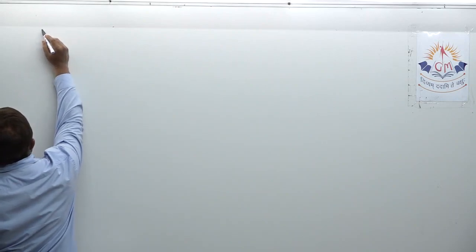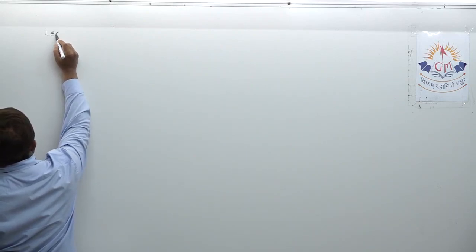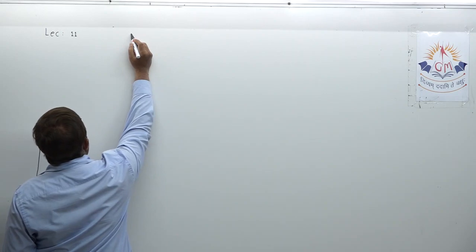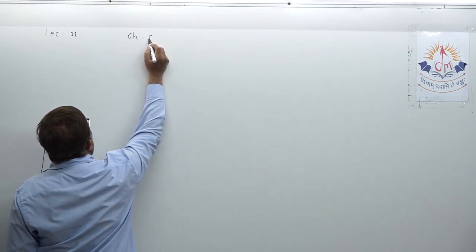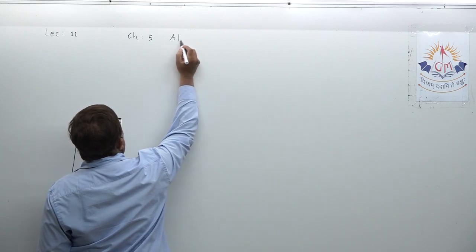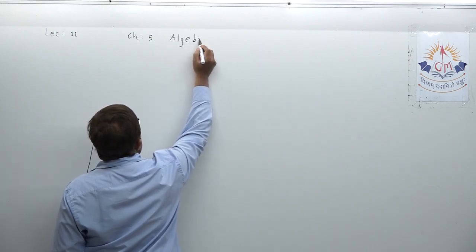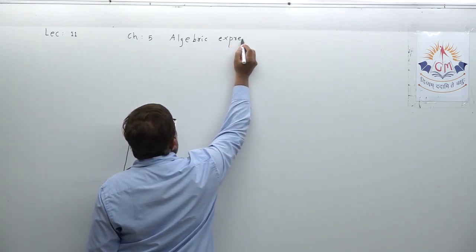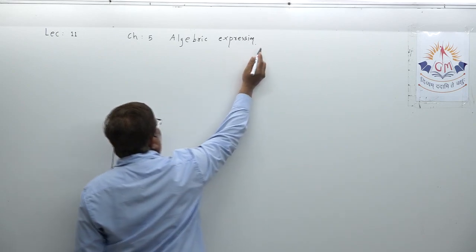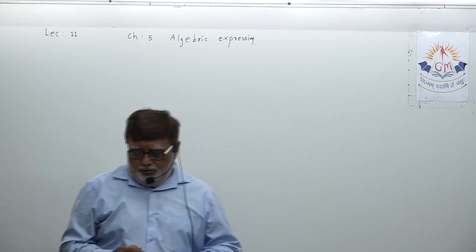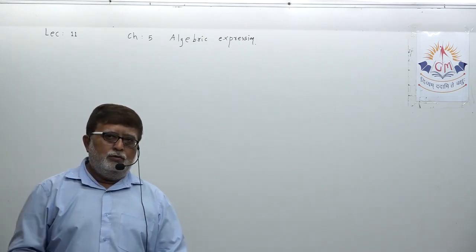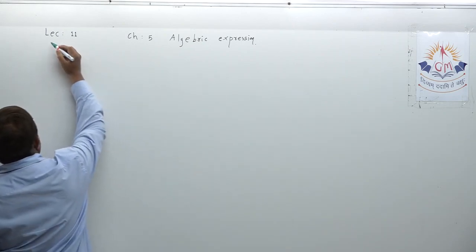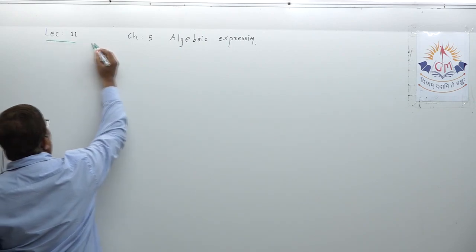So dear student, today lecture number 11, chapter 5, algebraic expression. Actually, dear student, what I am going to explain you first is how to take out common. That is only called one type of compound factorization.